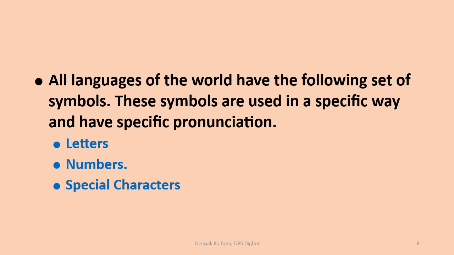So if you take any specific language of the world, you will find these three sets of symbols which they use to express their feelings or to pass on the information by writing.